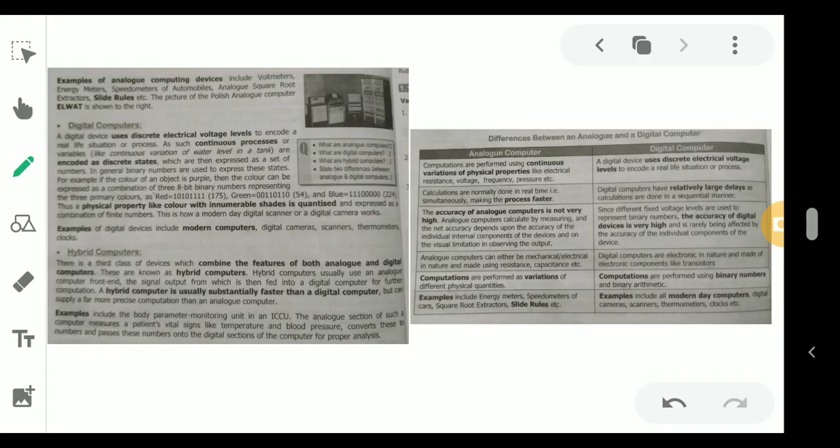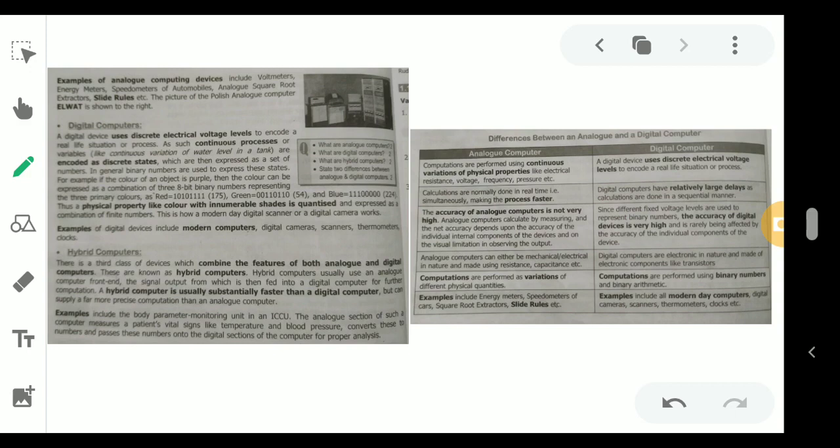Now, analog computers can be mechanical or electrical in nature, made using resistance, capacitance, etc. But digital computers are electronic in nature, made up of electronic components like transistors. The computations in analog computers are performed as a variation of different physical quantities.